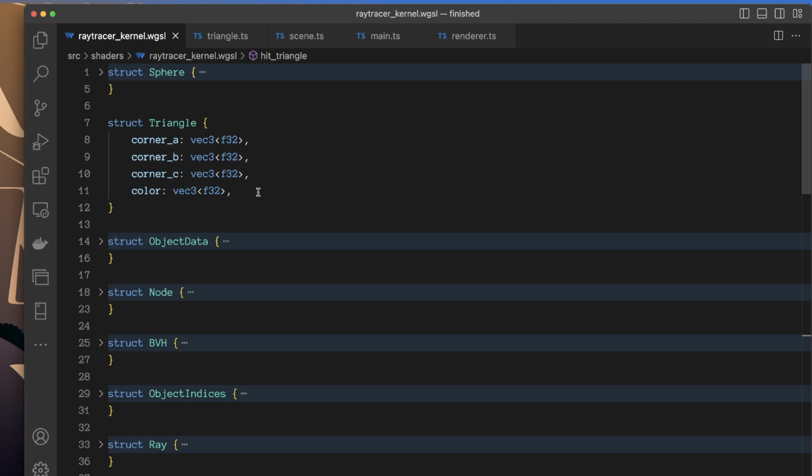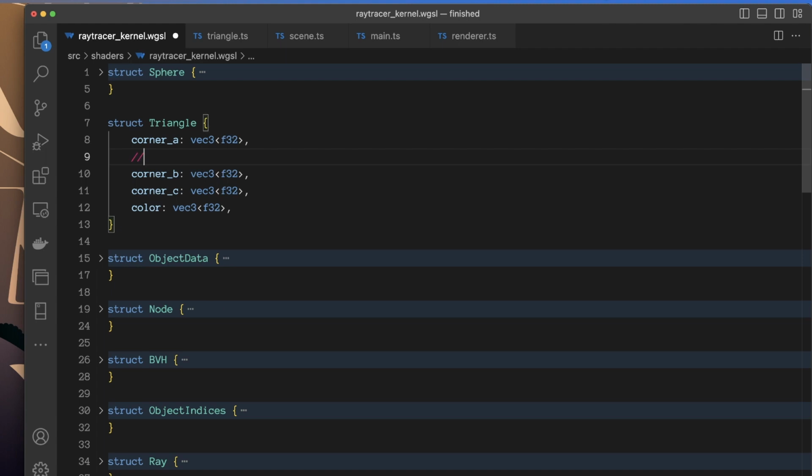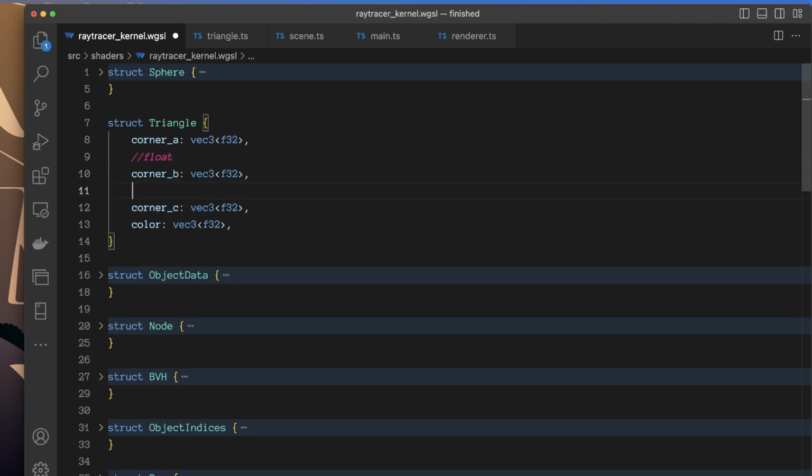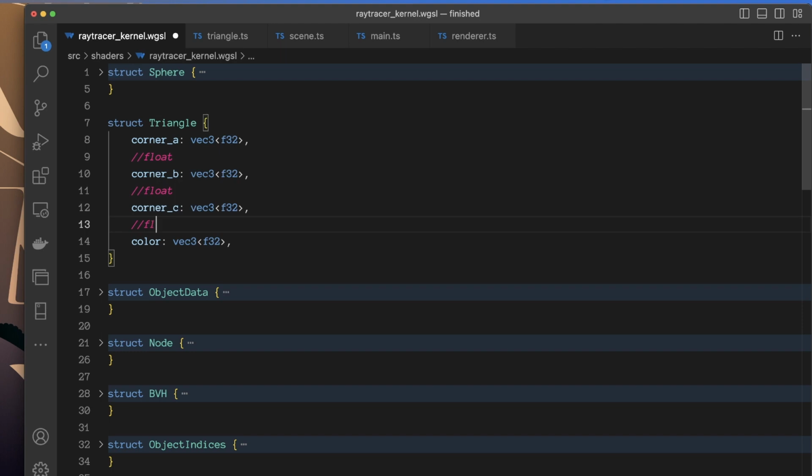And 3 times 4 is 12. So it might be tempting to say, hey, we can just throw in 12 floats. But there is some implicit padding, an extra float's worth, between each of these vec3s.